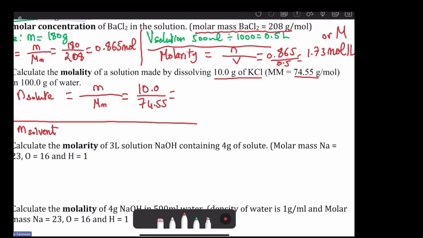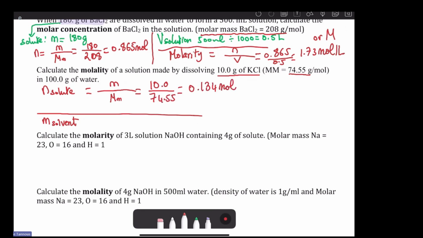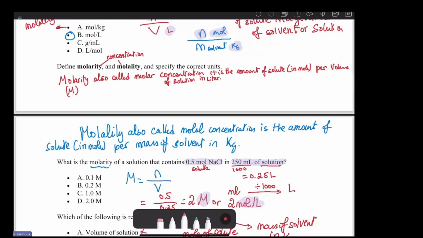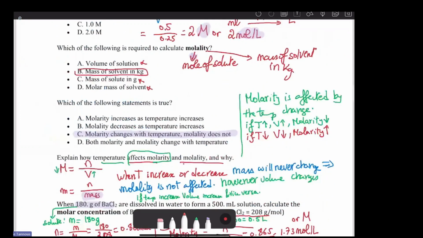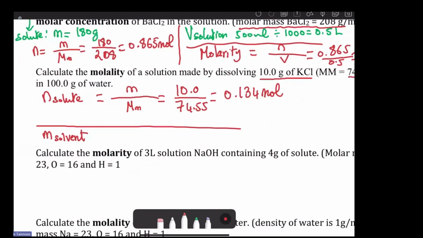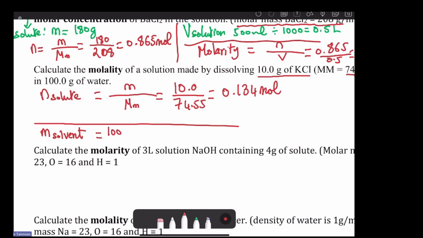So now I have the mole of the solute, which is 0.134 mole. Now they've given it to me in 100 grams of water. However, in the molality, I mentioned that the mass of the solvent must be in kilogram. So you need to divide the 100 grams by 1000 to convert it to kilogram. And that's 0.1 kilogram solvent.